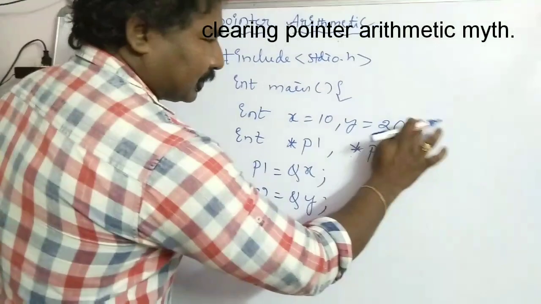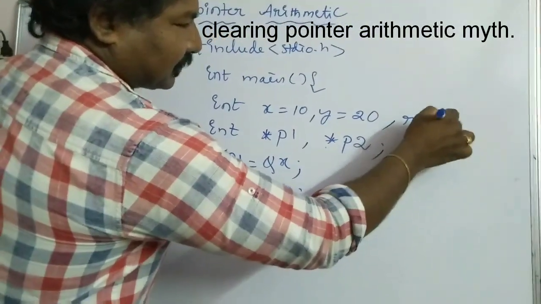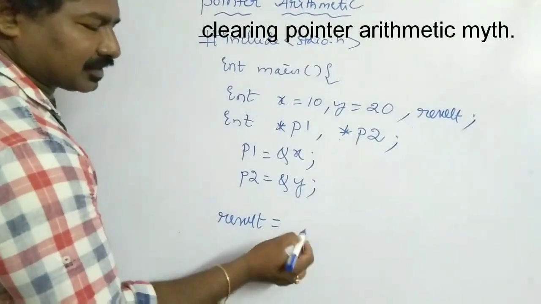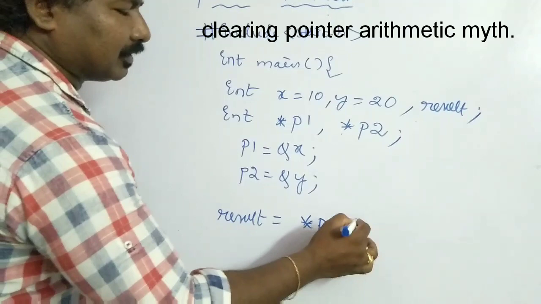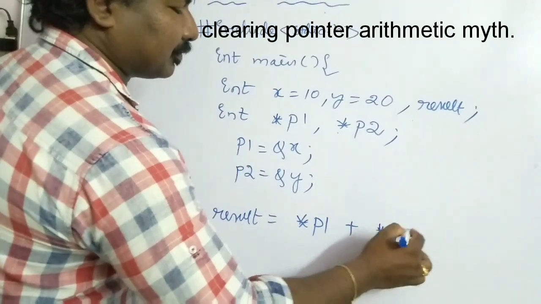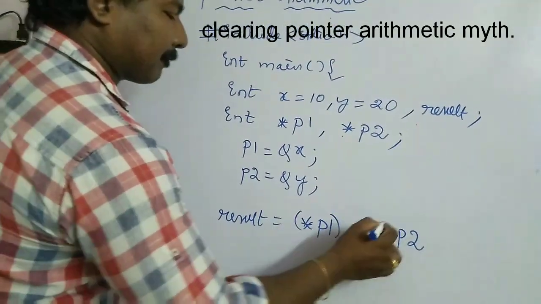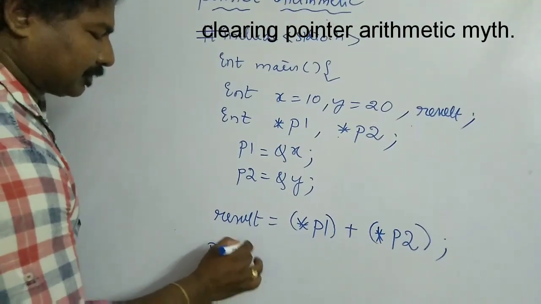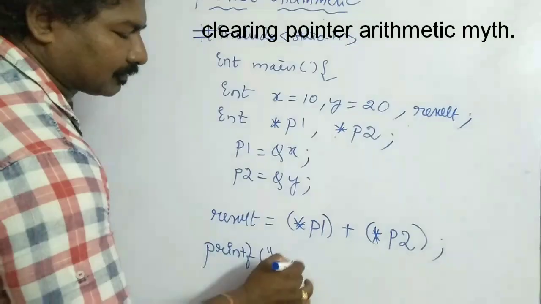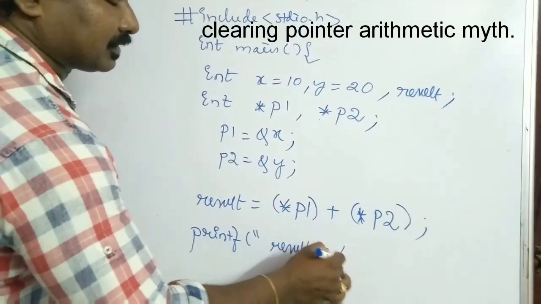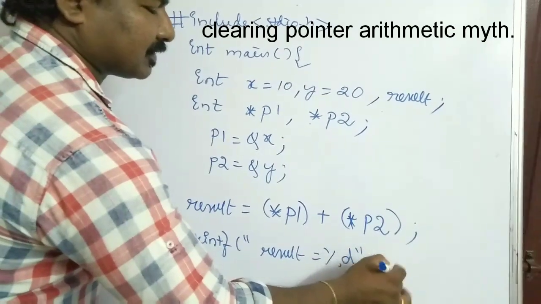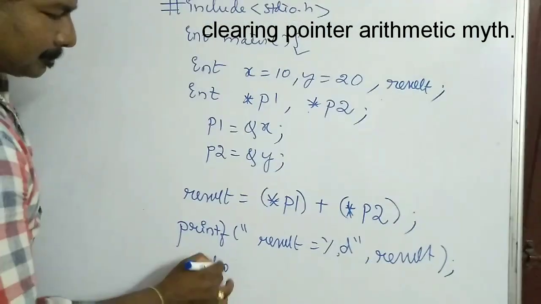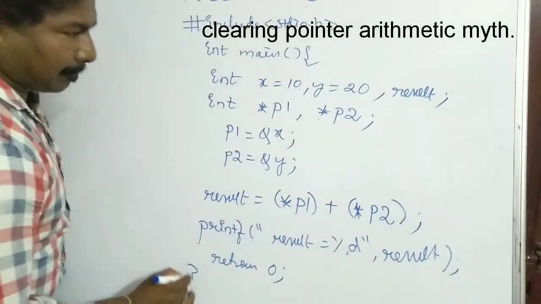I'll take another variable, result. Result is equal to *p1 + *p2. Then printf result equals the result's value.